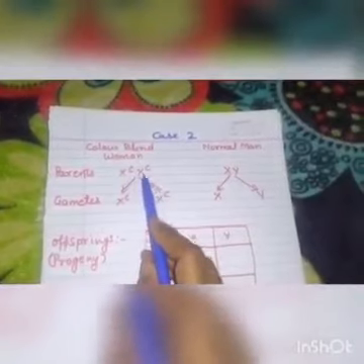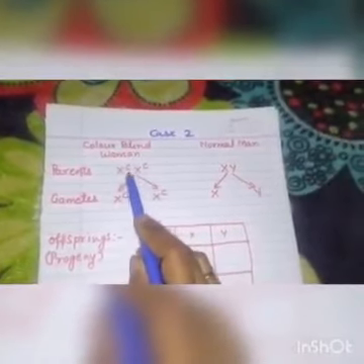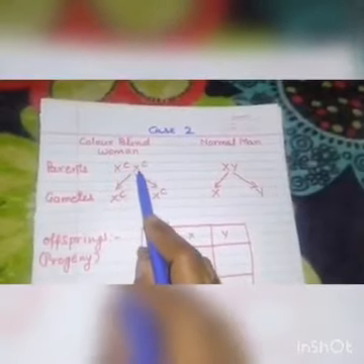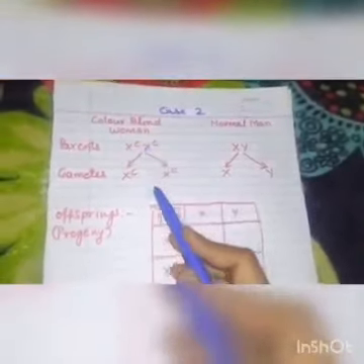The second case is a marriage between a normal visioned man and a colorblind woman. So the colorblind woman has XcXc parents and the gametes produced are Xc and Xc, because both X's have the c, that is the colorblind allele.